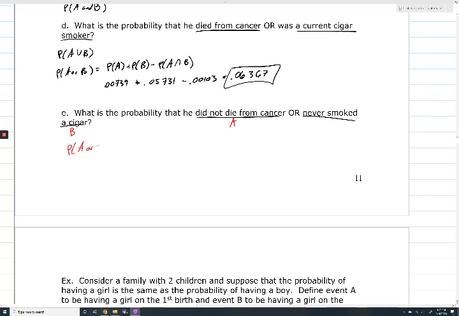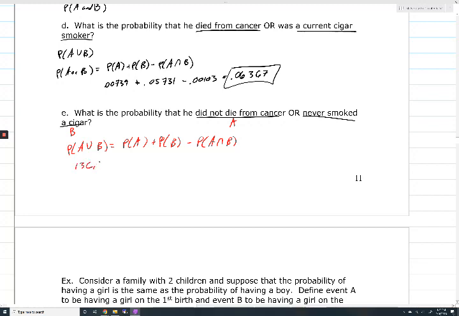So probability of A or B, probability of A plus probability of B minus probability of A and B. I'm sorry, I flip between using ors and ands and then the union and intersection symbol. They mean the same thing. Sometimes I'm lazy and I don't want to write ands and ors, so they mean the same thing though. So try not to get confused. If you have questions or get confused, let me know and I'll try and clear them up for you.